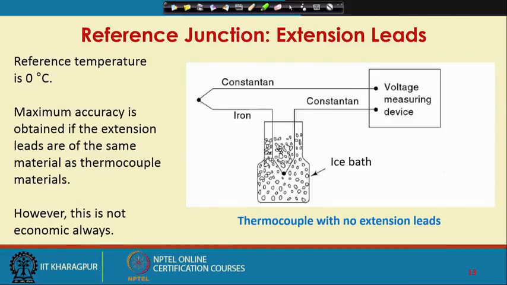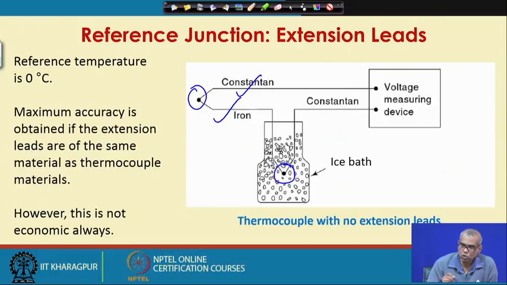So, as we are talking about the reference junction, it is at 0 degree Celsius for those thermocouple EMF tables. So, in the figure we have an iron constantan thermocouple. Measuring junction is indicated here and the cold junction or reference junction is here. This schematic shows a thermocouple with no extension lead.